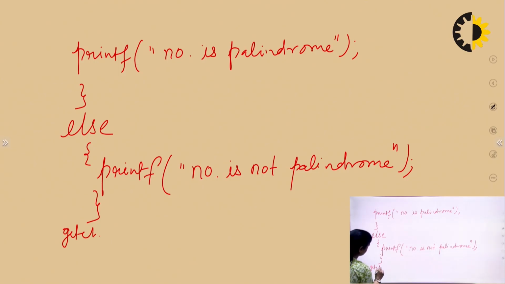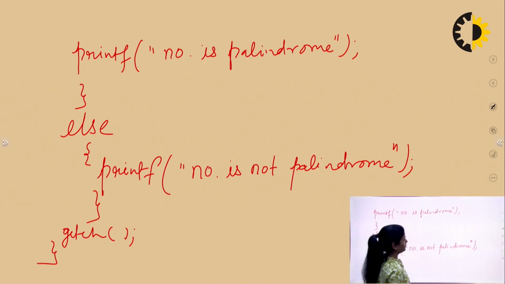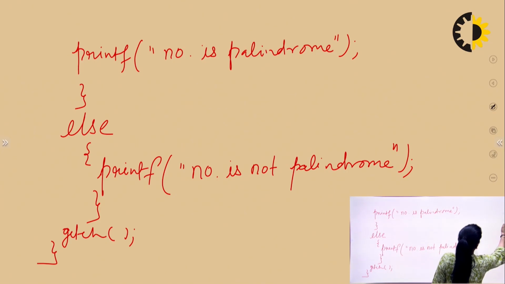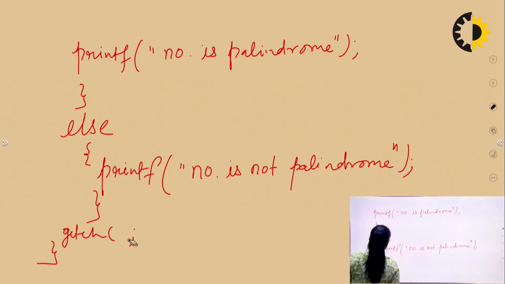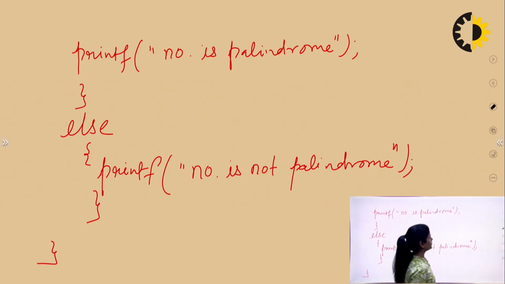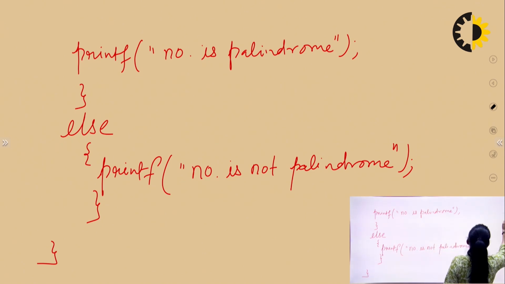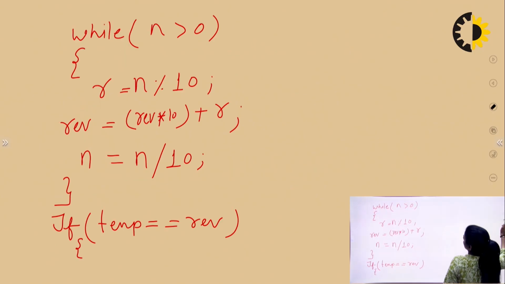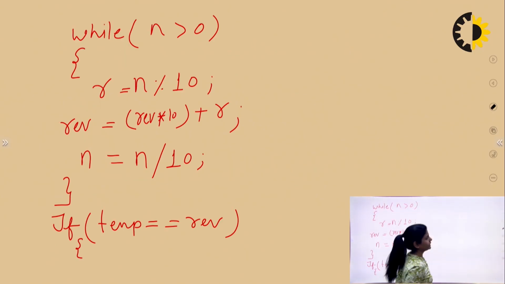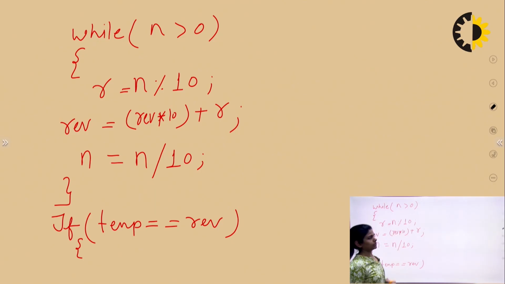Get ch, now close. If you don't want to write here get ch, you can erase, because you are not using hash include conio.h header file. Okay, so we can reverse and just understand these concept.